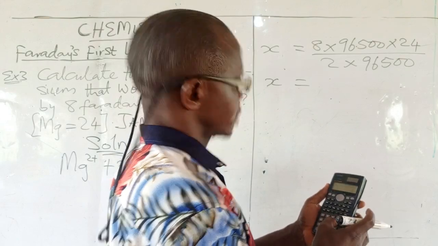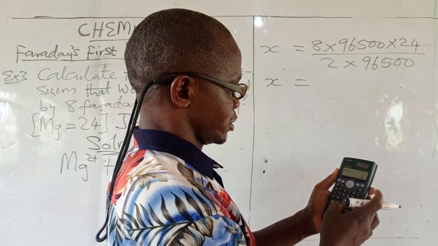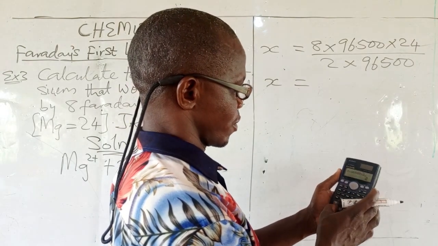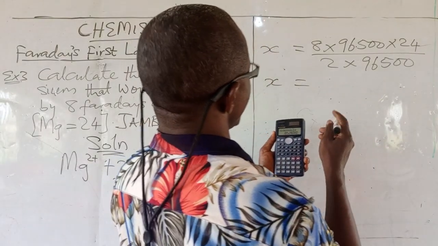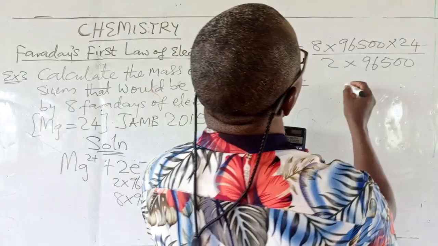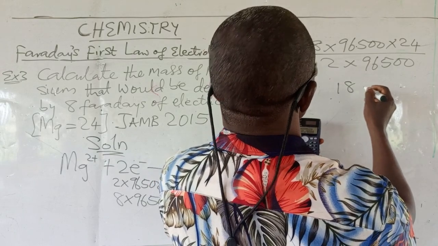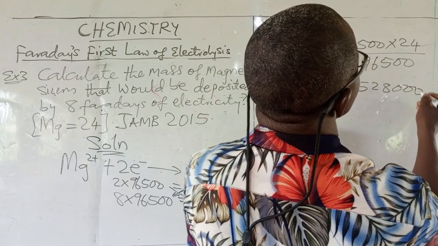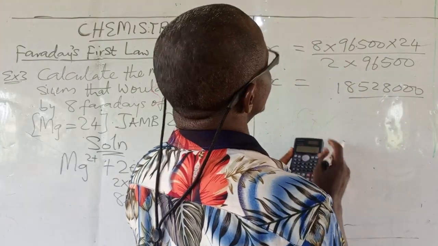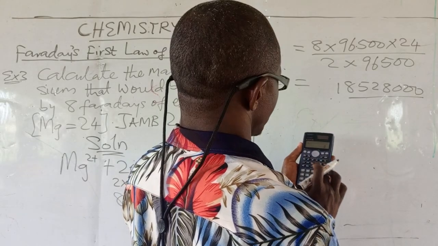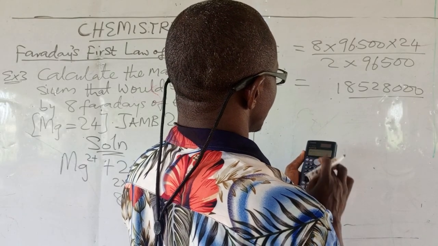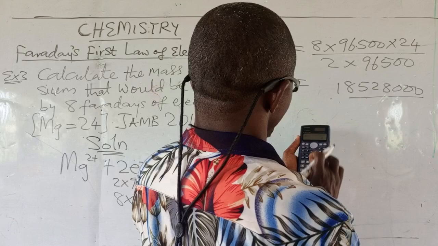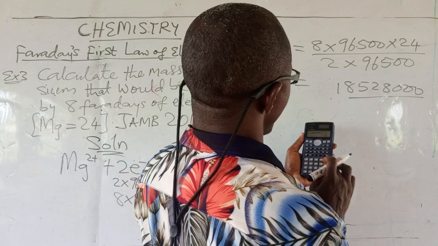8 times 96500 times 24 gives me 1852800, all over 2 times 96500.